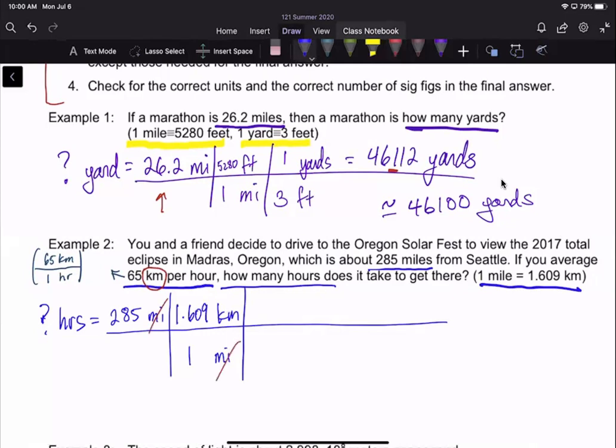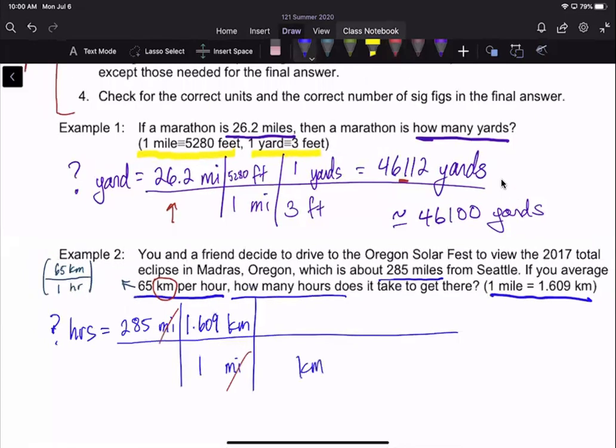Now I see that factor has kilometers in it, and that is going to take us into that time unit. Then I think that's it. In 1 hour, we can go 65 kilometers. Get rid of that unit, and we have hours equals hours. So 285 times 1.609 divided by 65, and I get 7.054 hours.